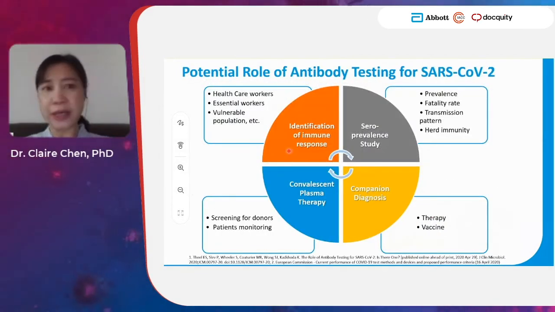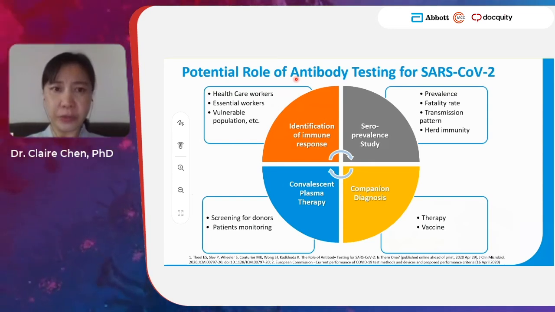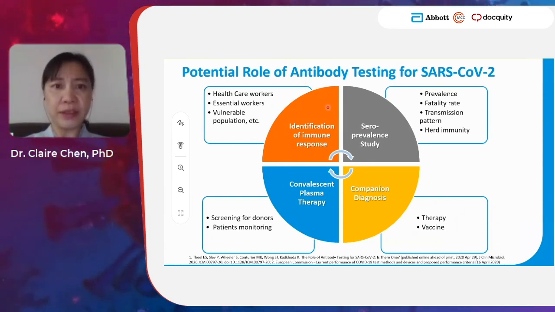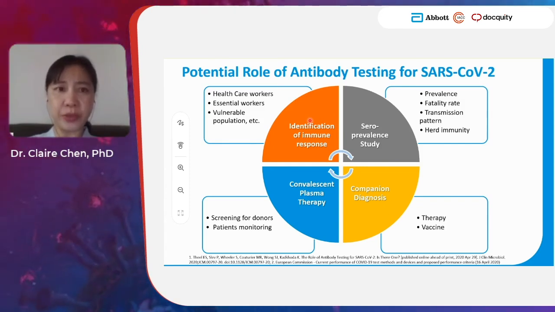Now it's about the utility of the assay, the potential of this antibody assay in real-world use. One possible role for the antibody assay is to identify infected people who may already produce an immune response and potentially immunity.